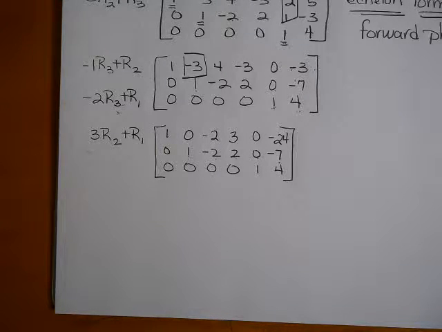And what you need to do is solve the first and second equations for x1 and x2 and ignore the third one. So then they're going to take that first equation and solve it for your basic variable. x1 is equal to, x2 is equal to, x3 is free. x3 is free to be anything you want it to be.